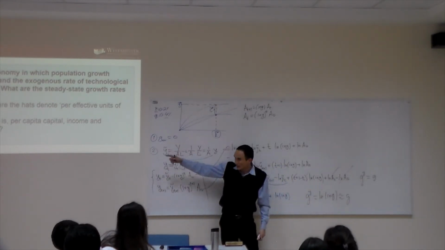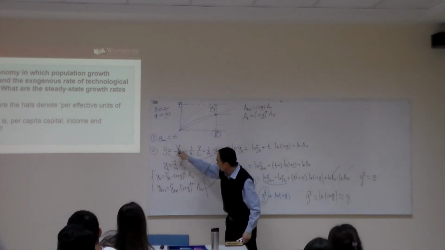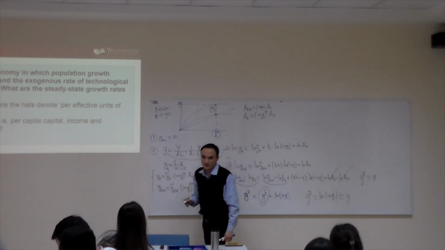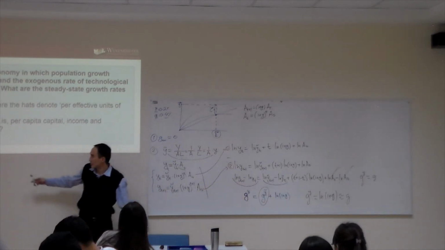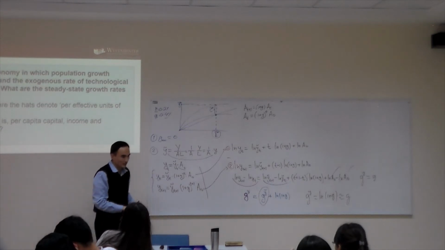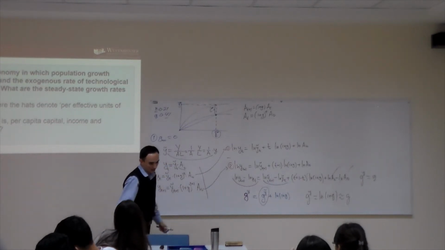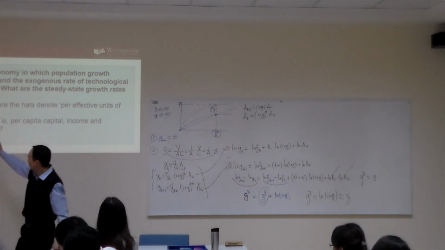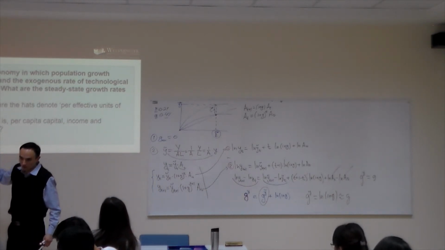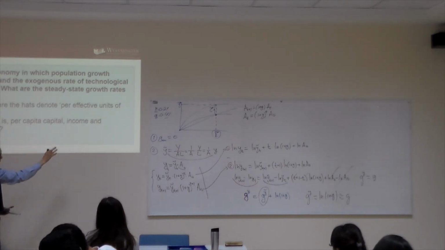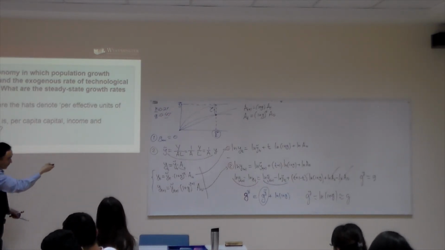You will get the same if you do it for capital: instead of y, you will have only k. This is your homework. You can do it by yourself at home. It's the same, no difference. The only letter will be different. Okay? Good? So this is in the case of per capita, per worker. Our per worker factors will grow by technology, 4%.